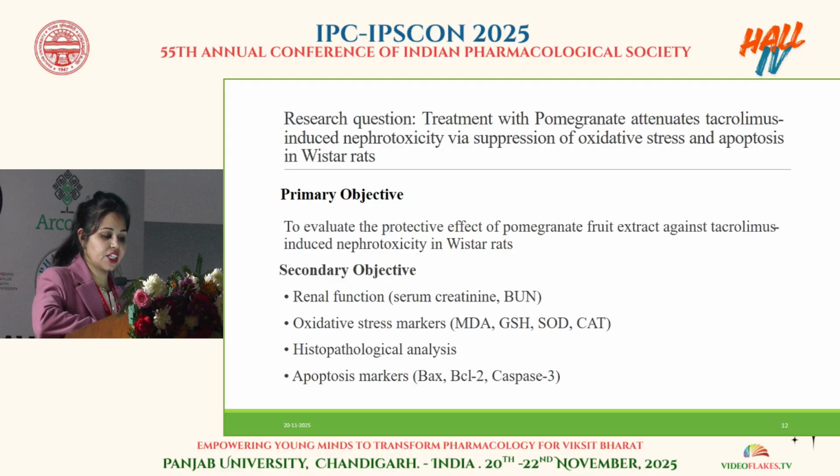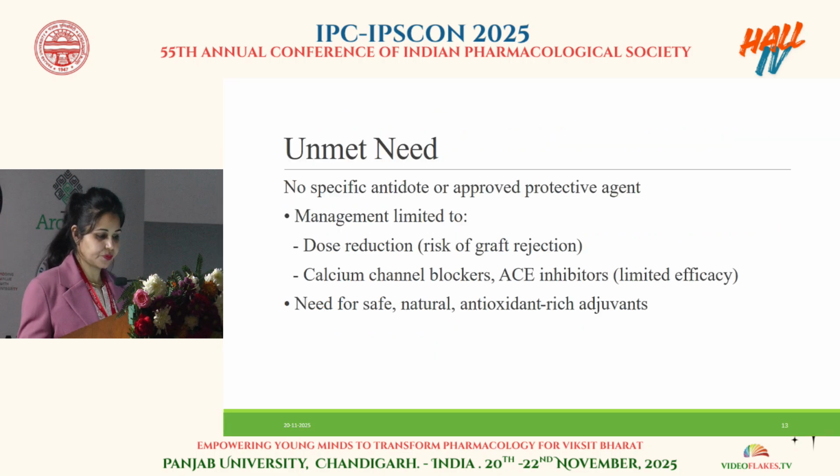So the primary objective is to evaluate the protective effect in this tacrolimus-induced nephrotoxicity model, that is a 4 week model, and the secondary objective is to assess renal function, serum creatinine, BUN levels, oxidative stress markers, histopathological analysis to evidence the pathological changes in kidney tissues, and the expression of apoptotic markers.